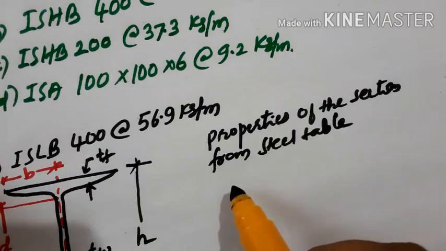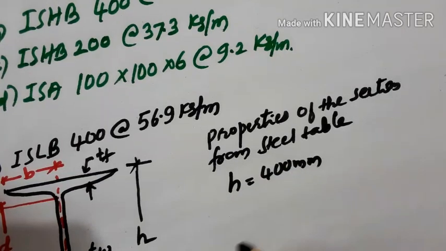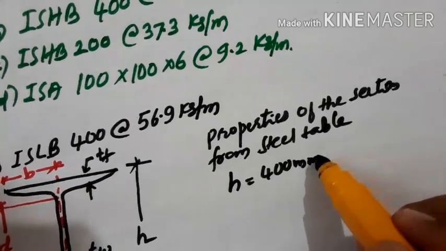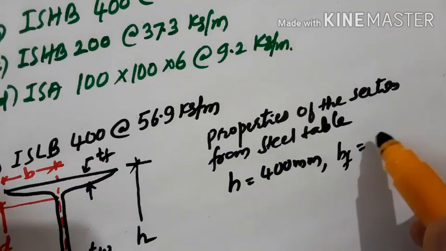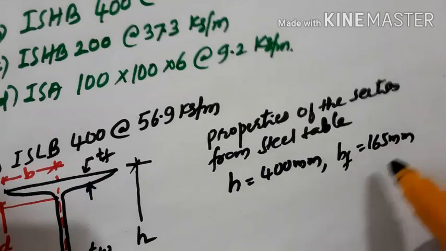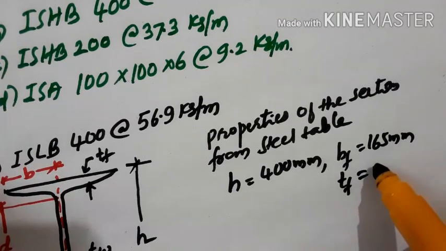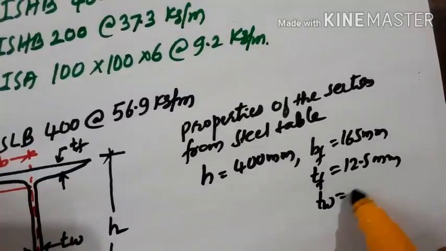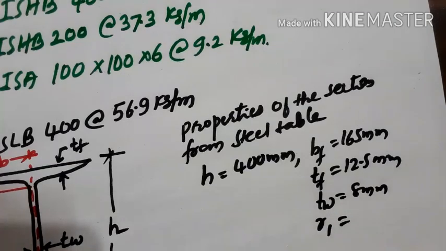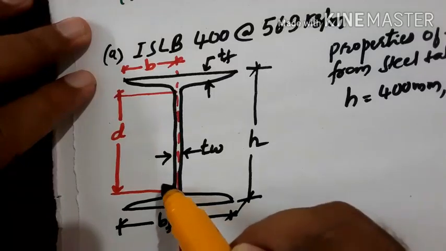That is, depth of the section H is 400, width of the flange is 165 mm, thickness of flange is 12.5 mm, and thickness of web is 8 mm. Then the root radius R1 here.